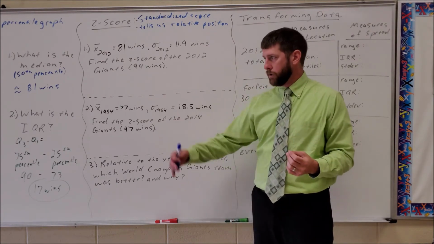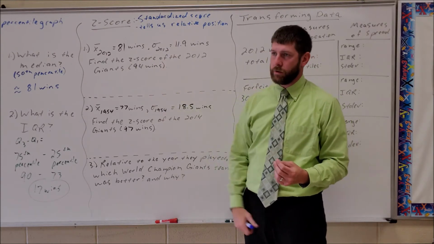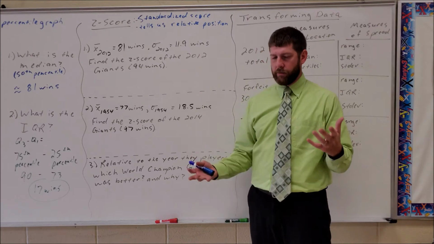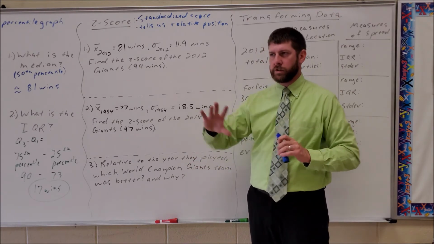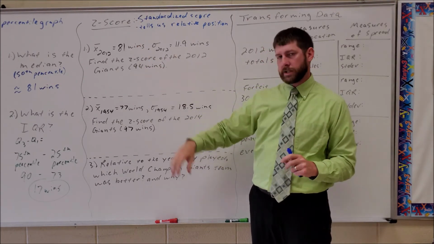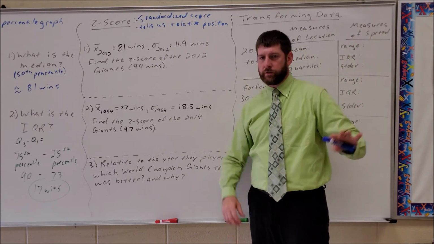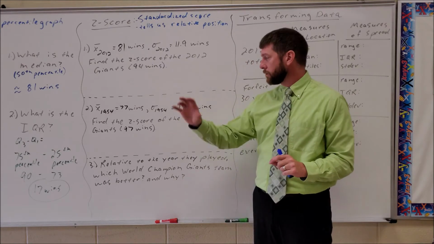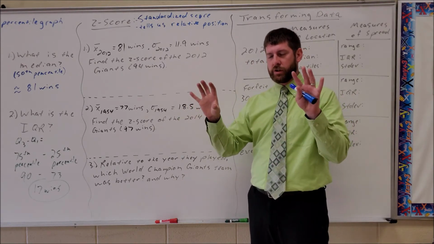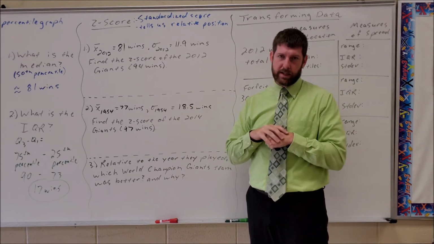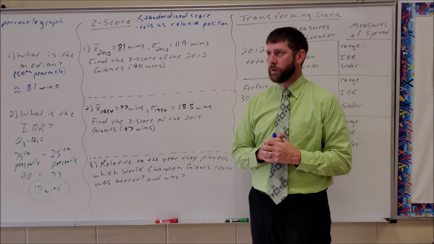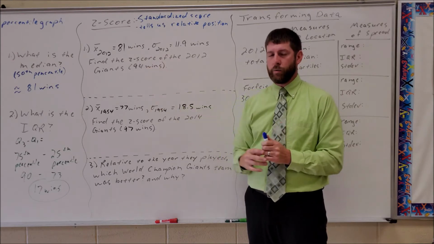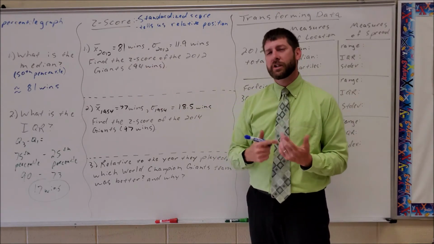If you know how you did on your ACT and how you did on your SAT, and you're not really sure which one you actually did better on, because one's a score out of 36, the other one's a score out of 1600 or 2000, or however they're doing that one now, they're not numbers that you can actually compare side by side. So we need some way to look at them as a relative. Really, where did I rank in one versus where did I rank in the other? So that's what Z-score does.